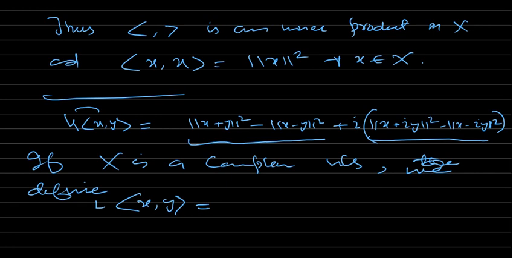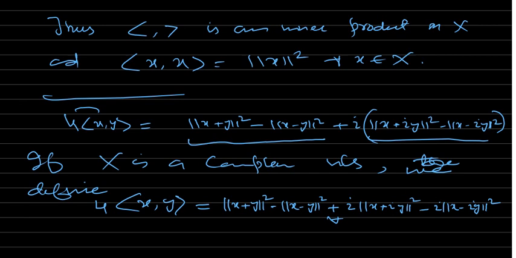Okay, it's 4 times actually norm of x plus y whole square minus norm of x minus y whole square plus iota norm of x plus iota y whole square minus iota norm of x minus iota y whole square.